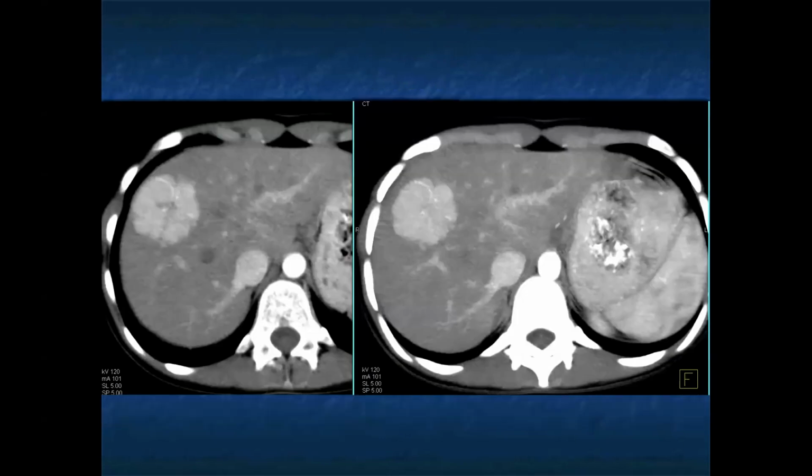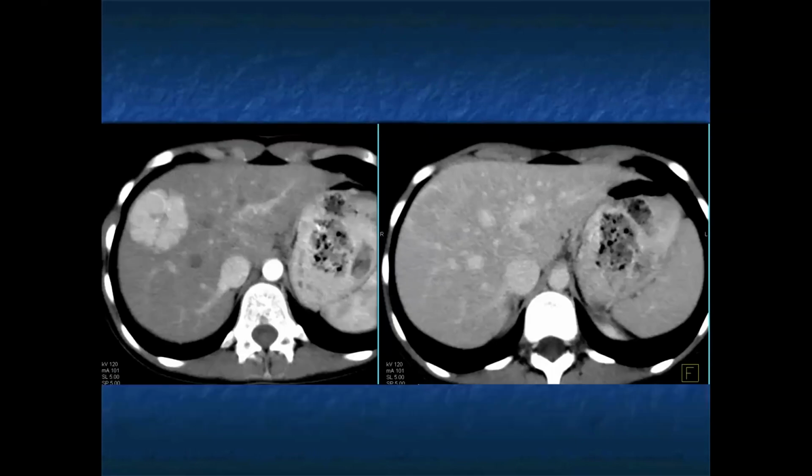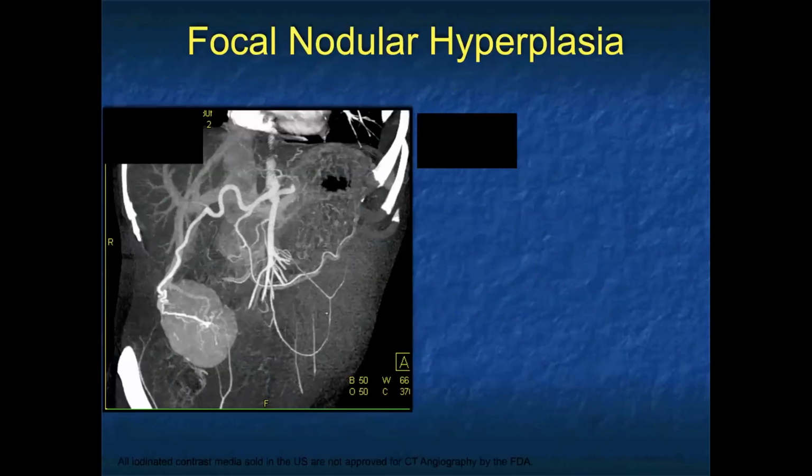But again, it's looking at the enhancement pattern and looking how things become isodense, and the whole pattern works out very, very nicely. FNH, as I mentioned, can be multiple, so that's an important thing to think about. And again, from the pearls, that idea that it only becomes as bright as the IVC, not the aorta, and that it's very bright, but also homogeneous.